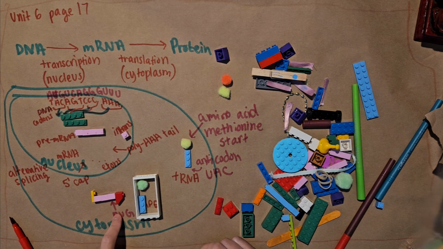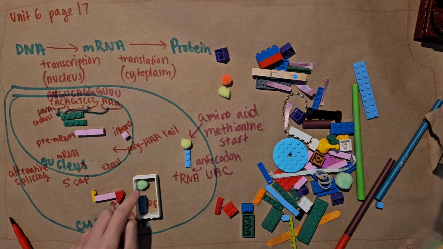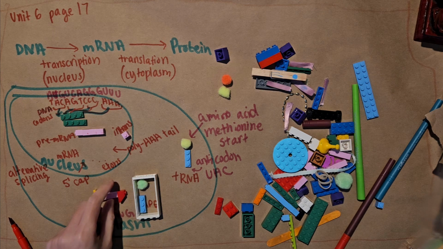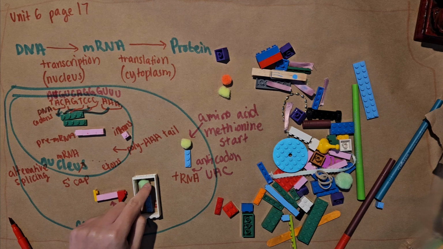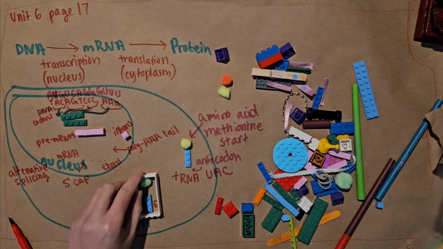So AUG will always start an mRNA, and AUG will always be coding for methionine, and methionine will always be the first amino acid in the chain. So this one would be methionine. And then it goes to the P side in the middle, and the P is for protein. That's where the protein elongates.